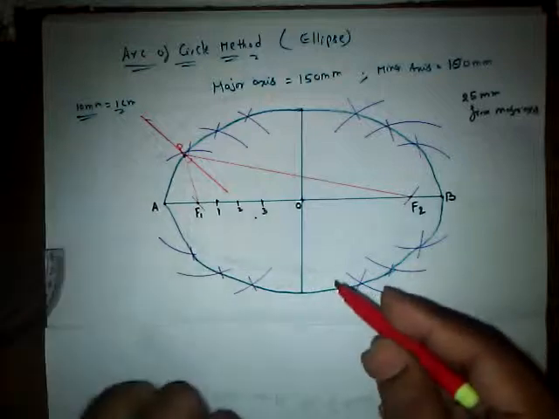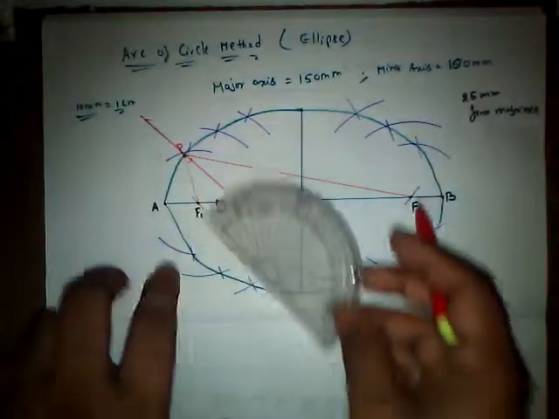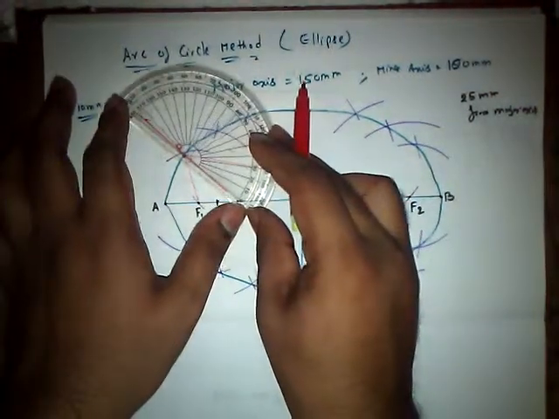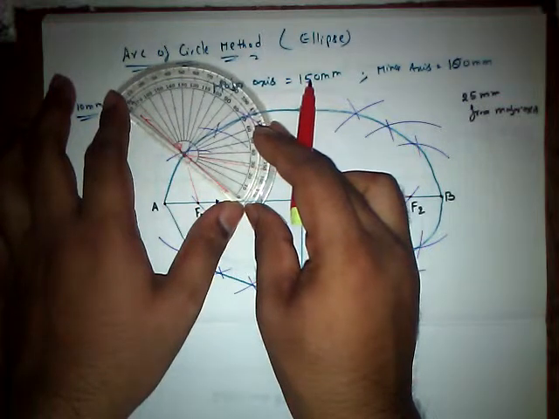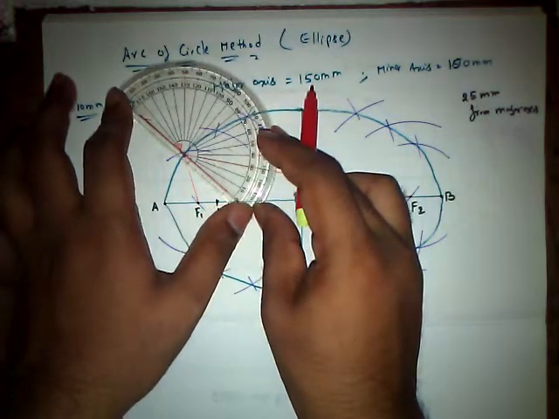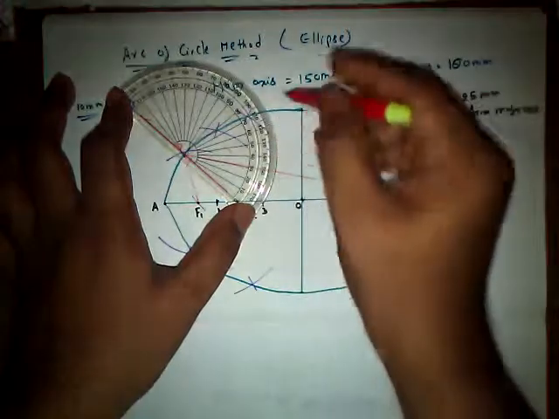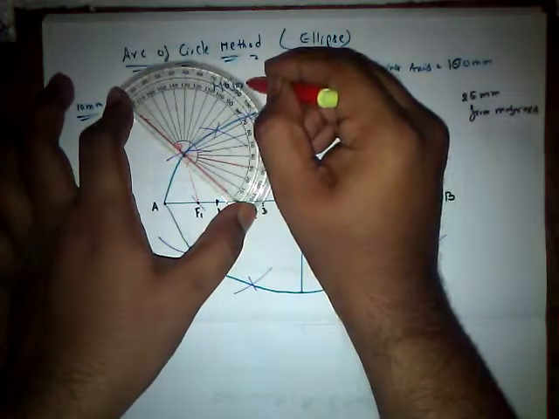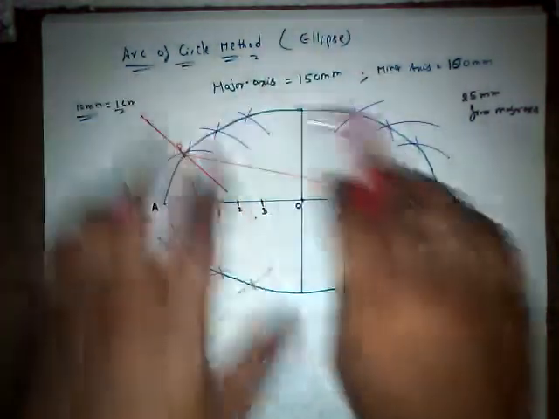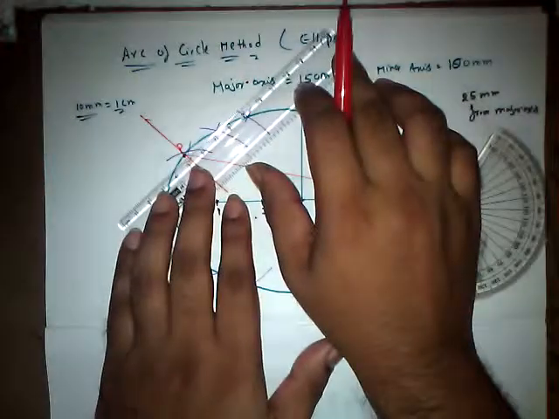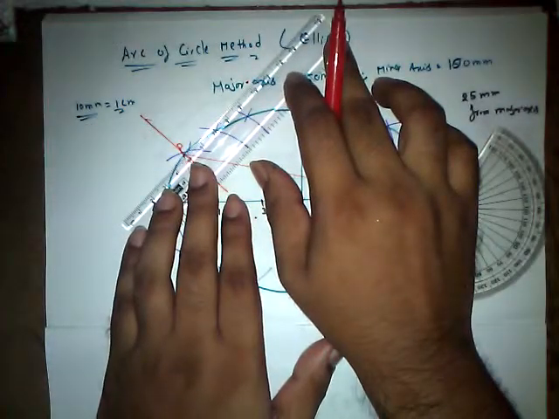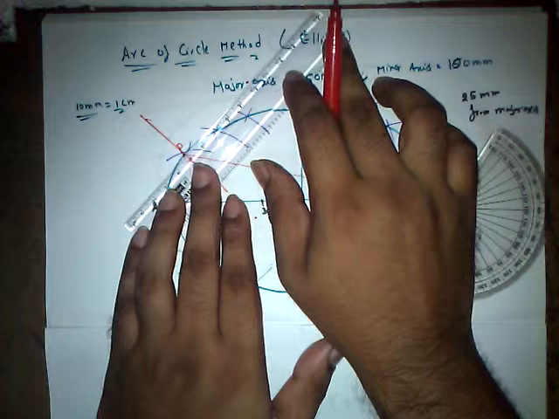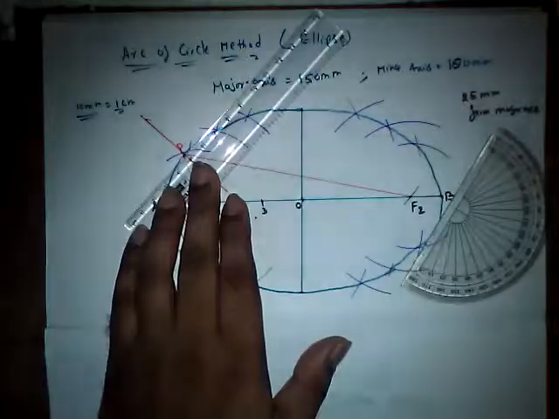The line that we got now is going to be our normal, and for the construction of the tangent, let us keep the protractor at 90 degrees to the normal at point P. I am keeping it at 90 degrees, that is over here. Now let us join point P to this one.